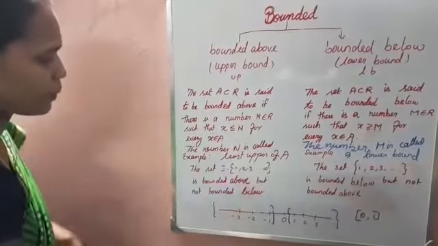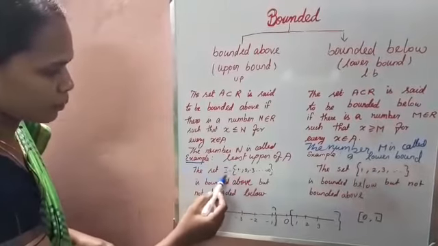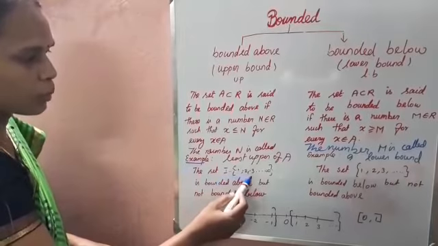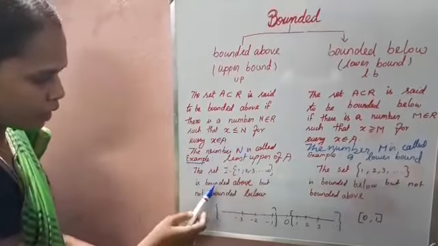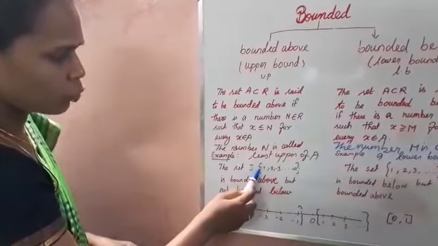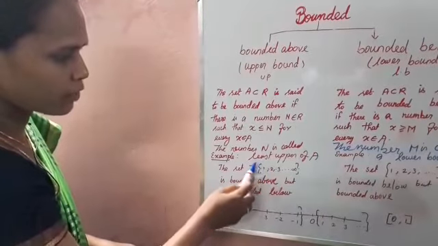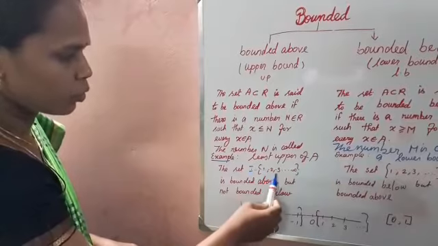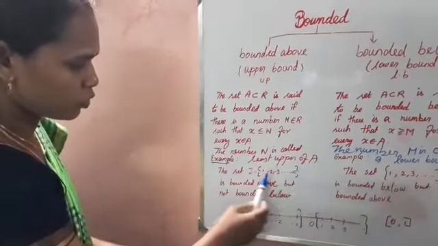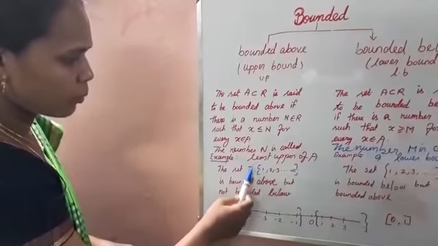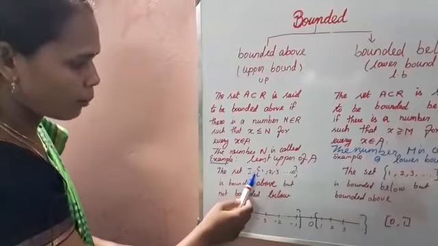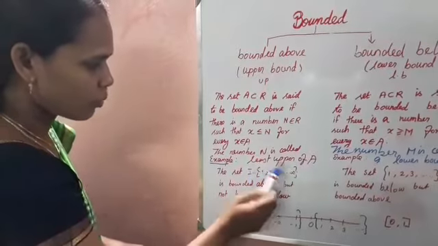See the examples. The first example is the negative integers: -1, -2, -3, and so on. Here -1 is the maximum value and the values keep decreasing toward the minimum side, so the set is bounded above but not bounded below.